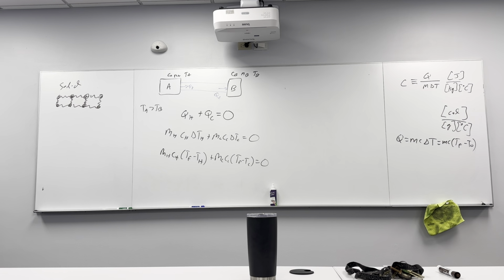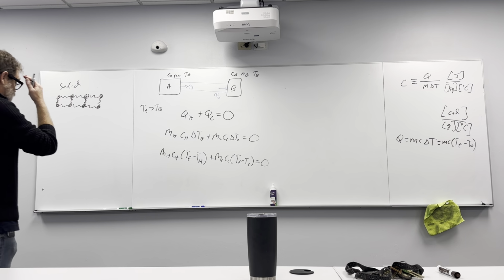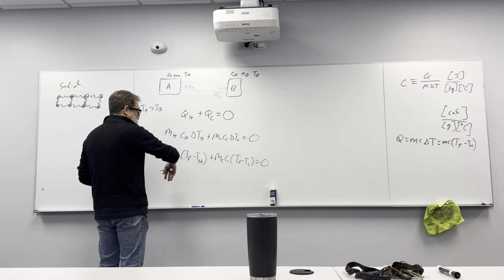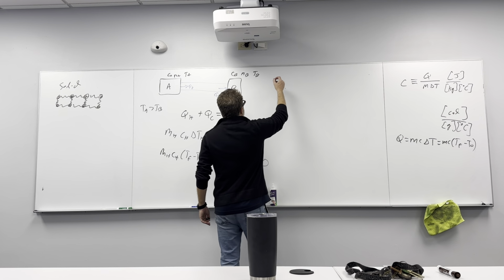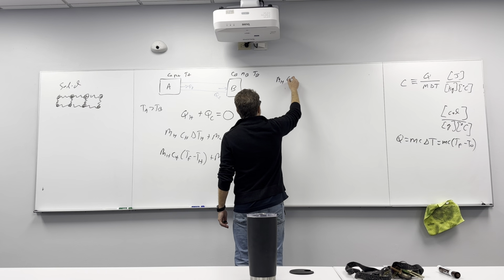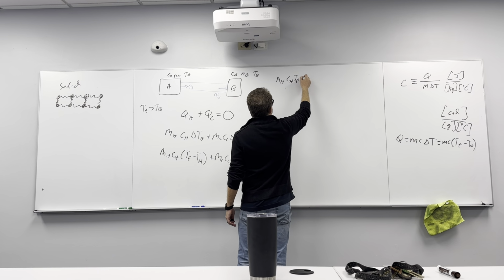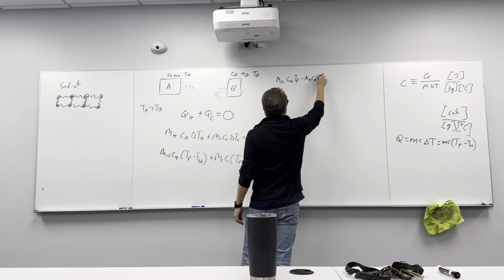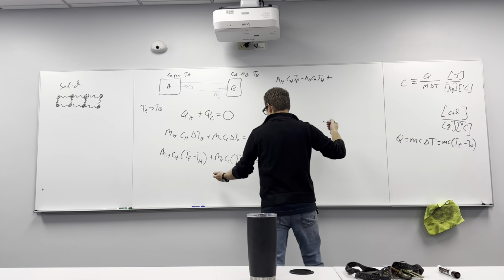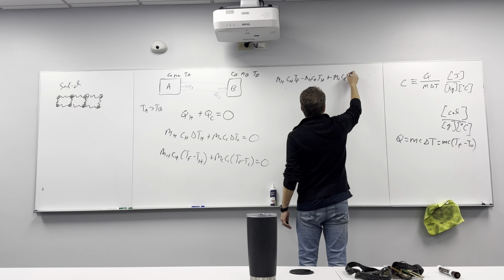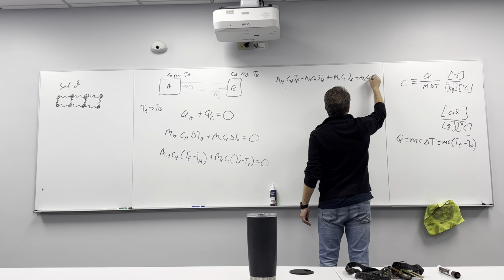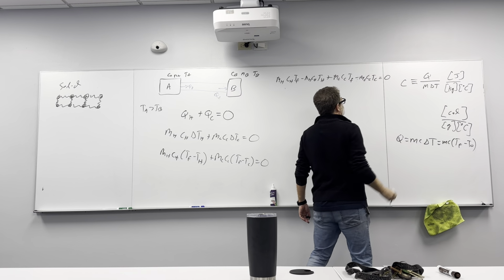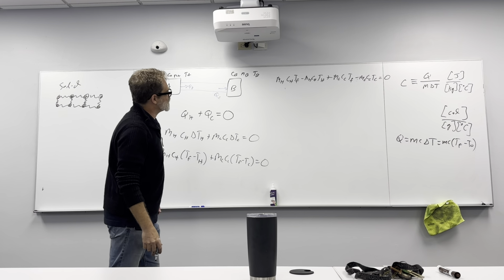So I can solve this problem for the final temperature, right? I can figure out what the thermal equilibrium is. I would just multiply and divide, so let's do it. We're gonna multiply this through, and then bring things around and get T final. So let's do a little bit of algebra here. Then m_H c_H T final minus m_H c_H T_H, plus, same thing with cold, m_C c_C T final minus m_C c_C T_C, equal to 0. Right, and I'm just gonna solve for T final.